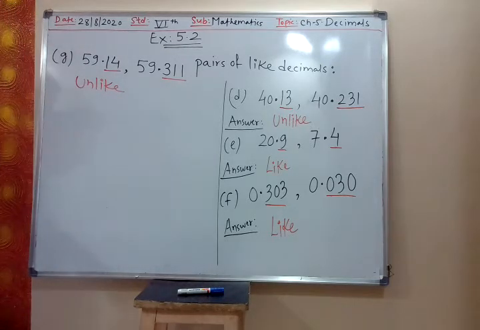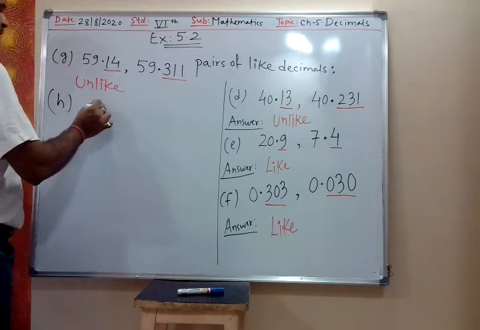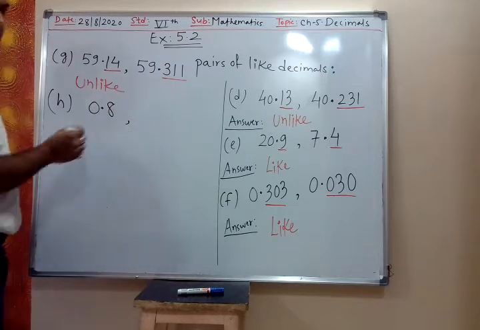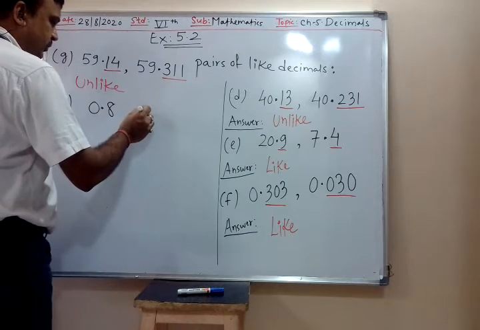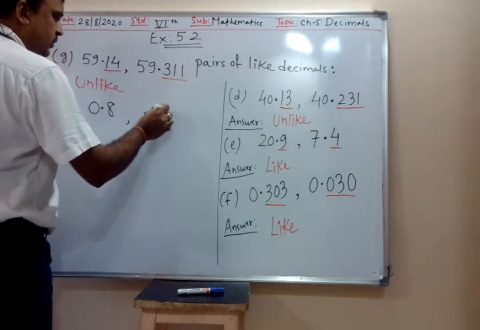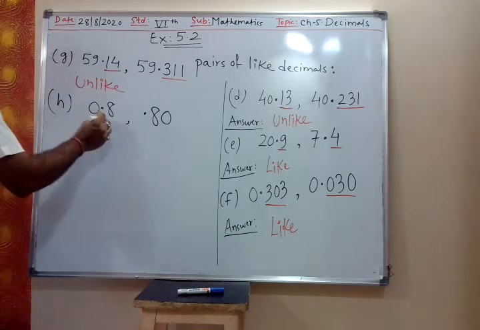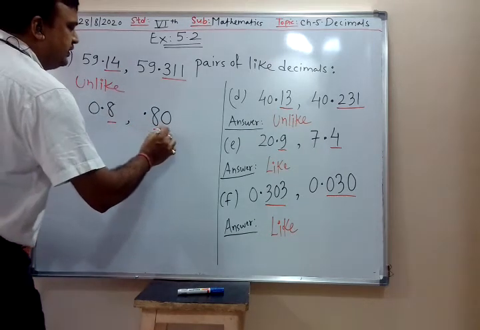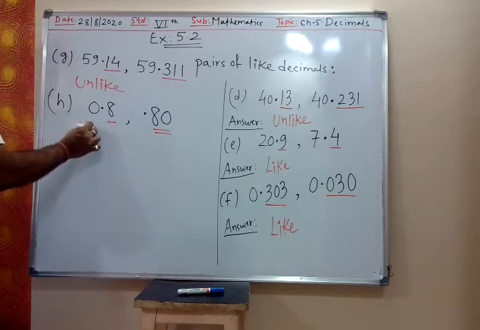If before decimal there is no digit, it means it is 0. So H, 0.8 and 0.80. After decimal there is one digit. After decimal there are two digits. So they are unlike.